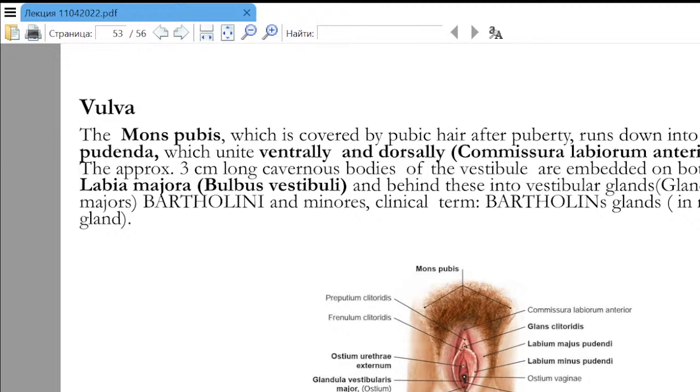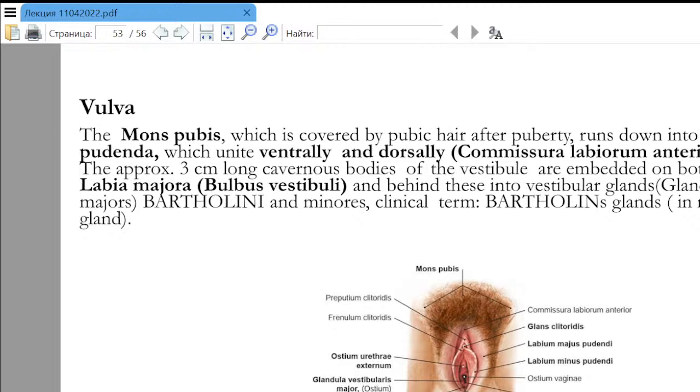Clinical term, Bartholini glands. We see the ostium urethrae externum and ostium vaginae.